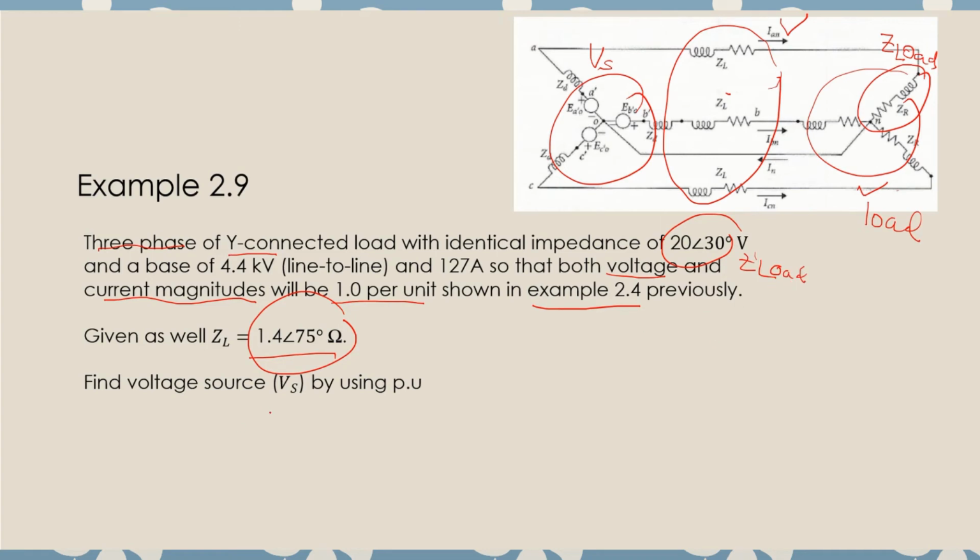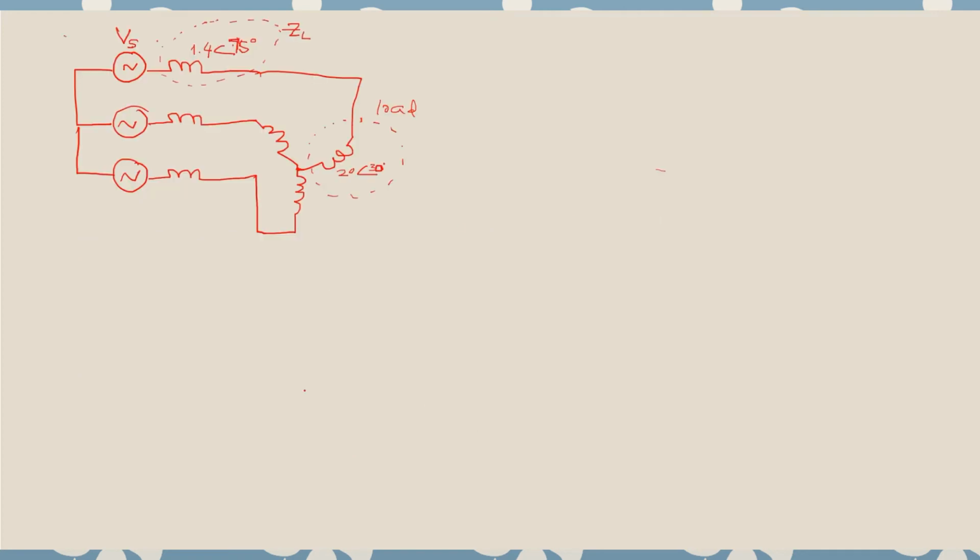They ask us to find the VS by using per unit. Let's solve this example. We have to find the VS. We know our ZL as 1.4 ohm, and we know our load, we are given that.